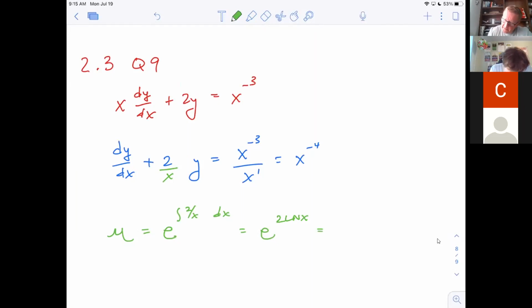But do you understand that that is the same as e to the natural log of x squared? Can't that 2 go up and be the exponent of what you're taking the natural log of? And then what's e to the natural log of junk? E and natural log cancel each other out. In other words, your mu is actually just x squared. If you notice that, your life will be easier. If you don't notice that, it won't be easier.